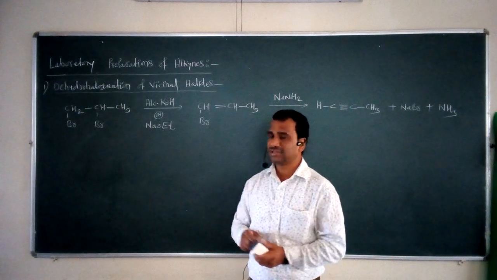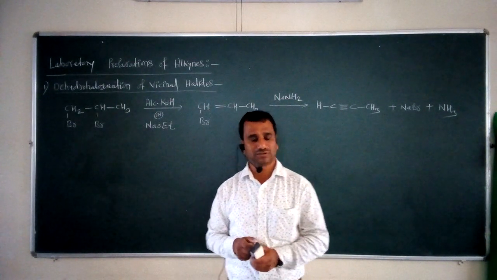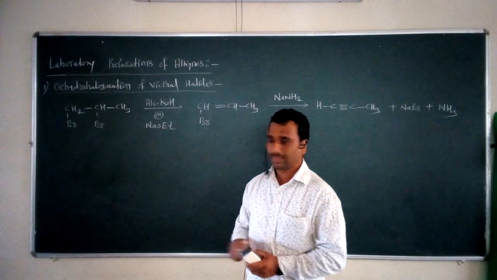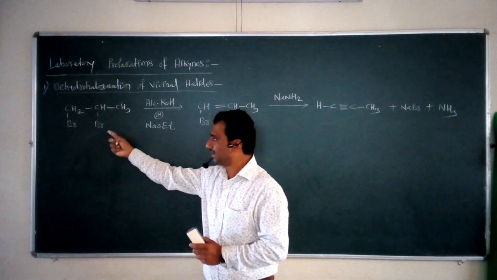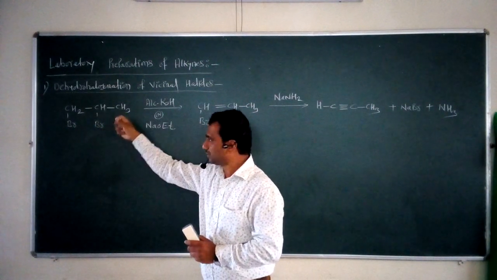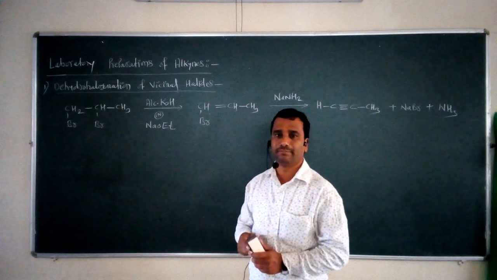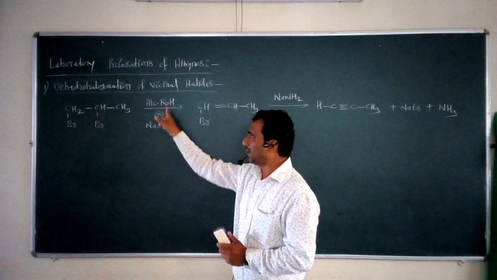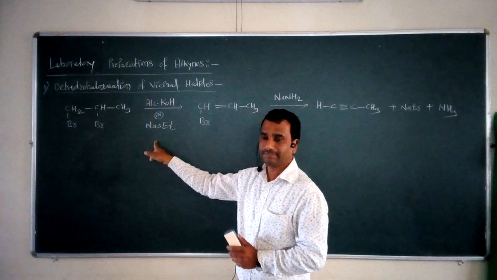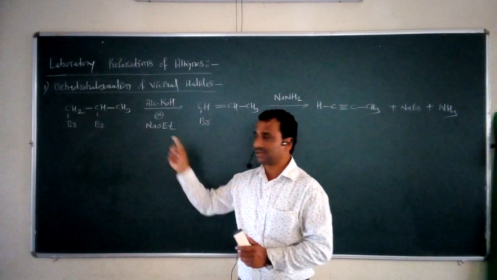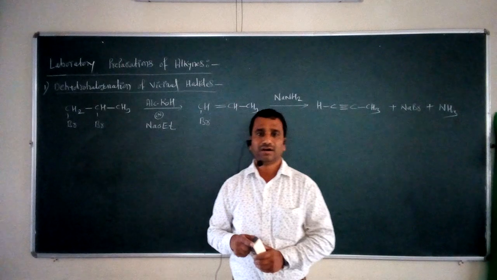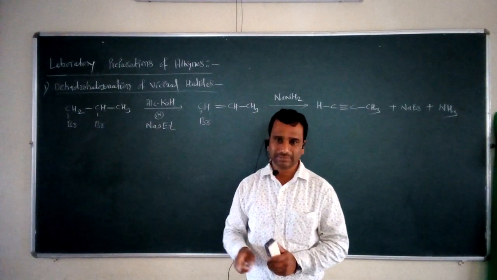So this is the first important laboratory method for preparation of alkynes, dehydrohalogenation. We have to take a vicinal halide. I take 1,2-dibromopropane. This 1,2-dibromopropane reacts with a base, either alcoholic KOH or sodium ethoxide. When this base reacts with this type of vicinal halide, a removal of hydrogen halide takes place.